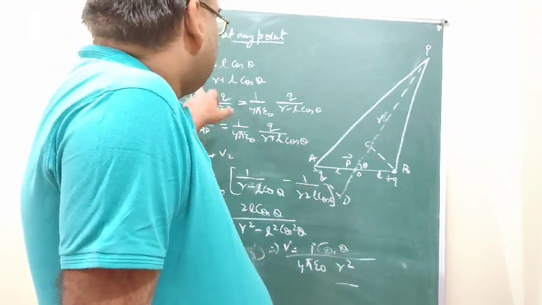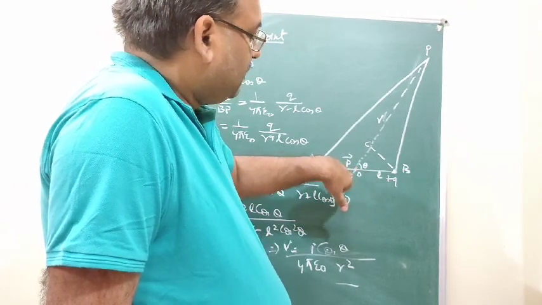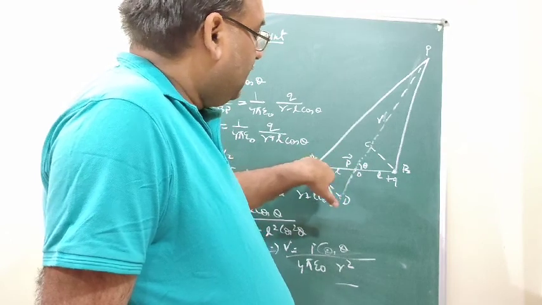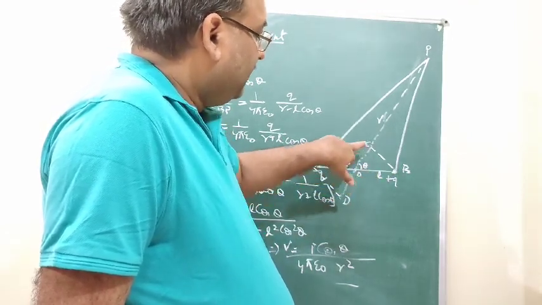Now BP is equal to, if we drop the perpendicular here, the inclination of this OP is theta from the electric dipole. So we will find out the value here.